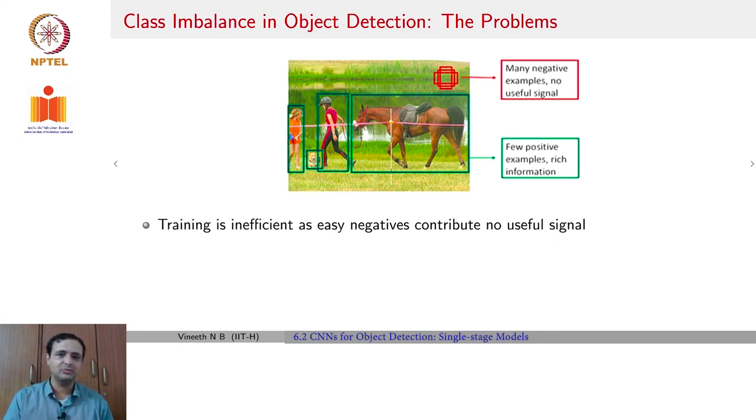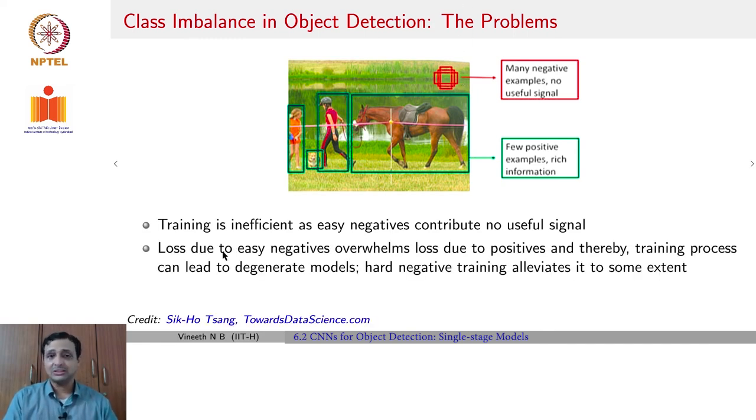There could be so many kinds of easy negatives that it's not really going to help the model learn how to distinguish the positives from those negatives, because that class of negatives or the background may be extremely vast in detection. So the background could be the sky, could be grass, could be buildings, it could be any of those, and all of them are still a background.